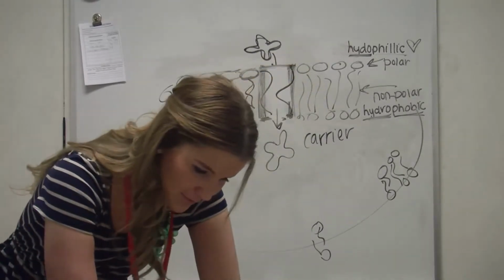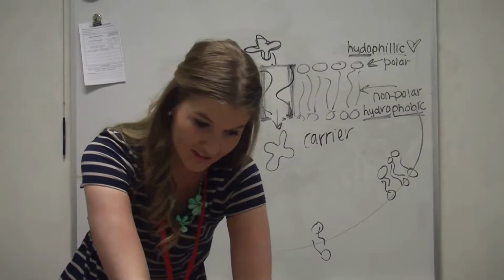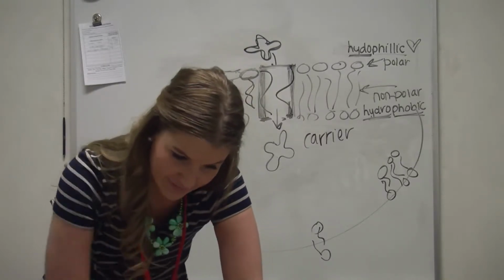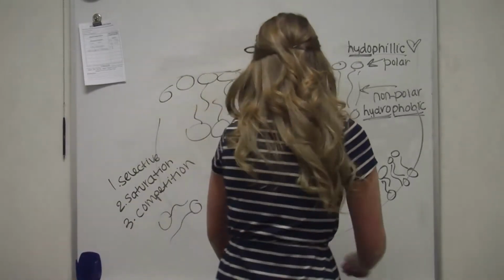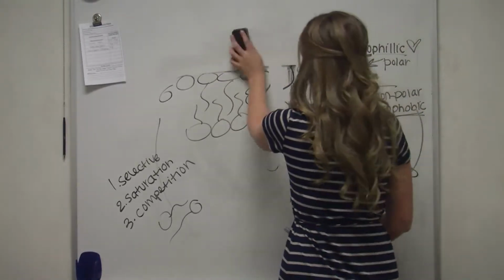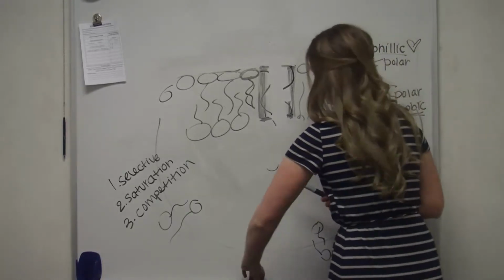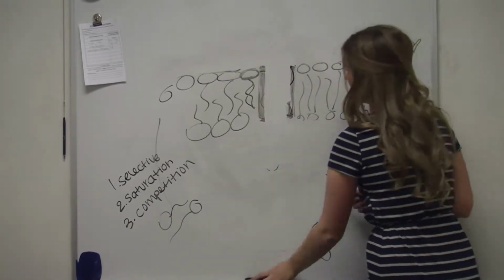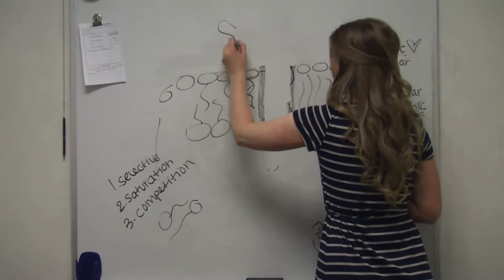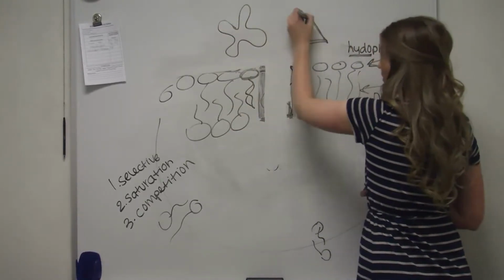Specificity is this one. It's going to be specific. It only wants certain things into the cell. Notice this one says yes, that one says no. Only molecules of the right shape are going to be let in. So let's say we have this molecule, and we have this molecule.